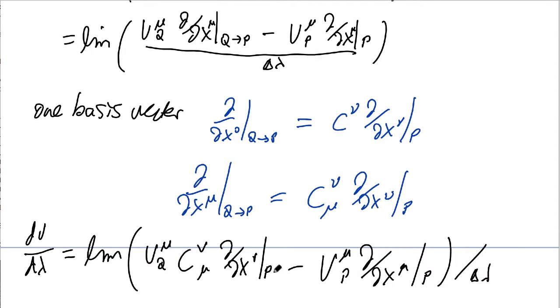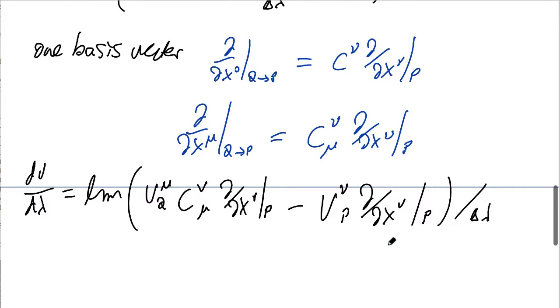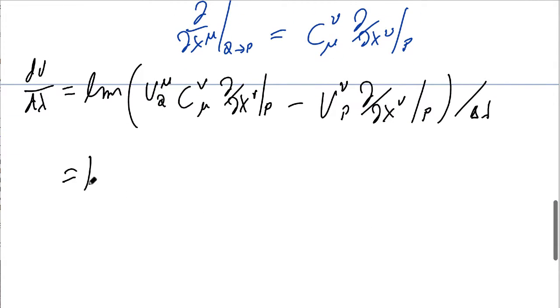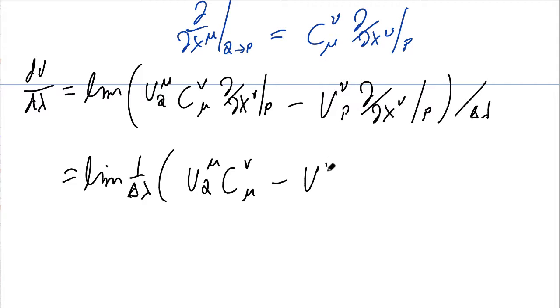What I want to do now is factor out the common factor of d by dx at point P. Before I do that, I need to line up the indices, so let me replace these indices mu with nu. So we'll call this v nu P times d by dx nu. And now we have a common factor we can remove. This is the limit, and let me bring the 1 over delta lambda out front, of v Q mu C nu mu minus v nu P, all times d by dx nu at point P.